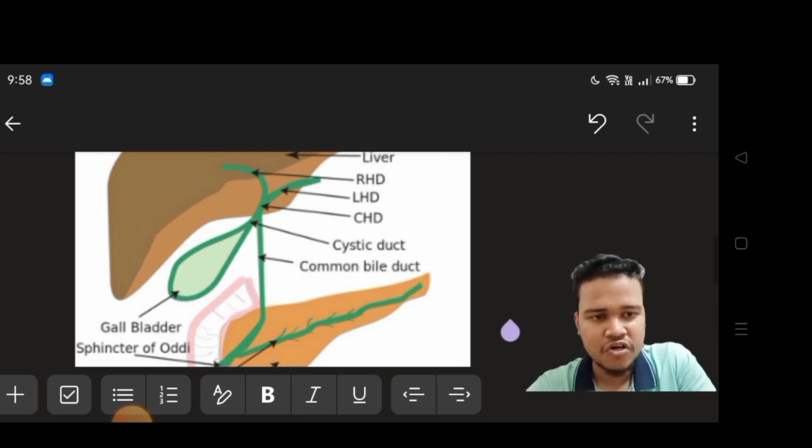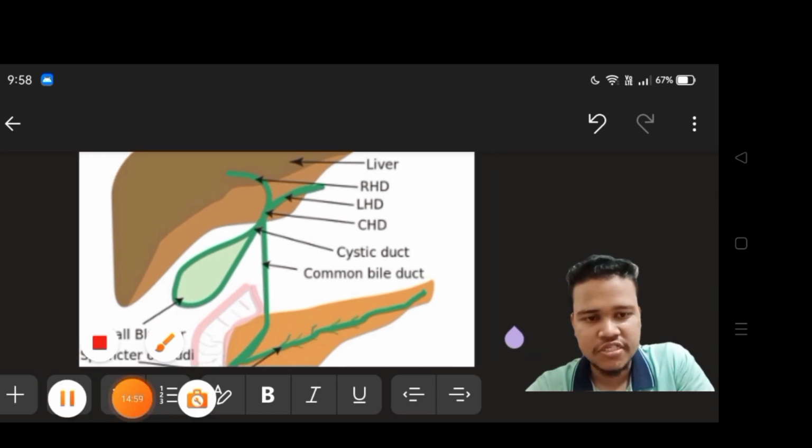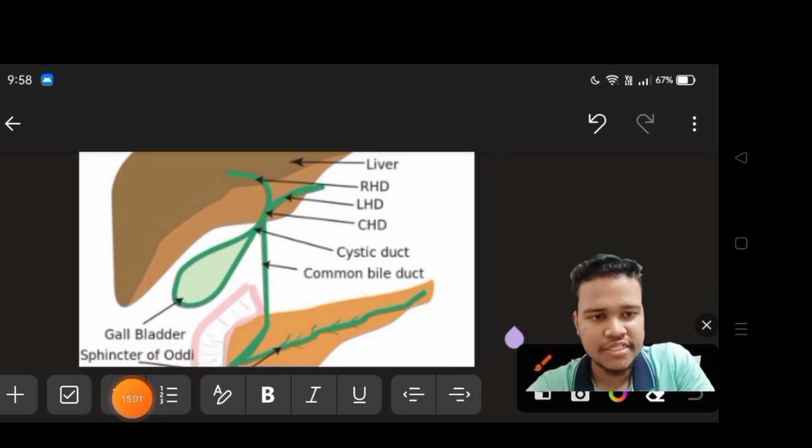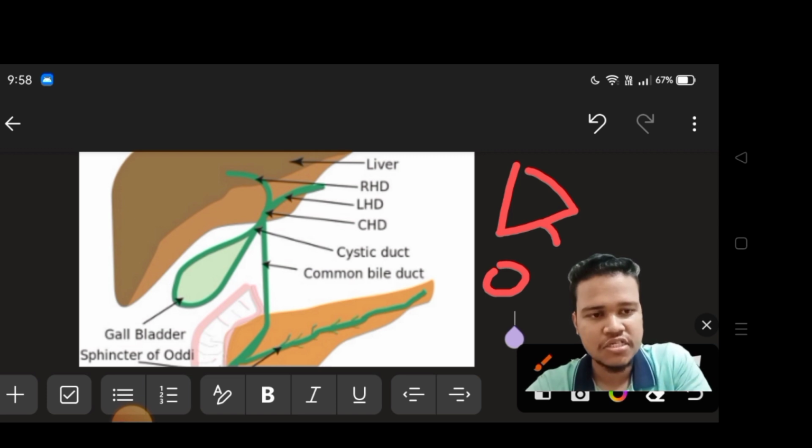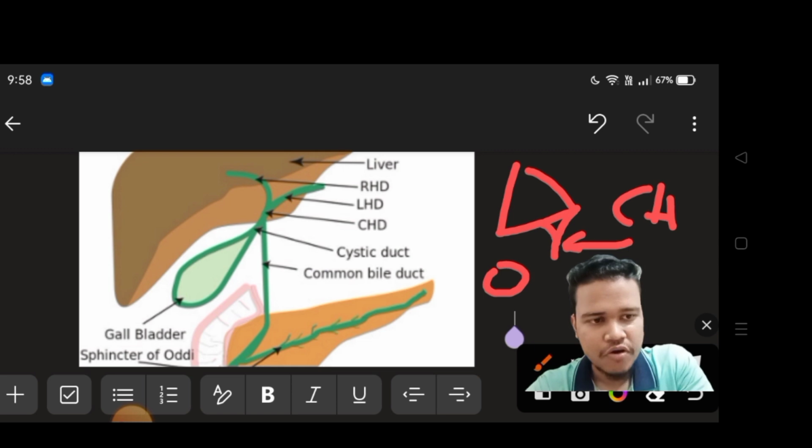from the right part of the liver, you can understand that this is our liver, this is our gallbladder. From the right part of the liver there is the origin of the right hepatic duct, from the left part of the liver there is the origin of the left hepatic duct, and these unite to form the common hepatic duct or CHD.